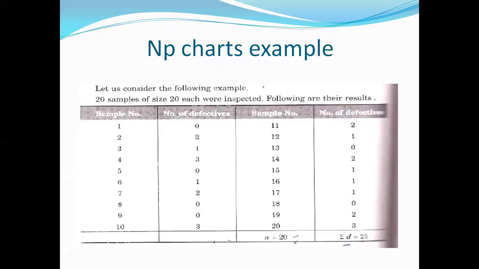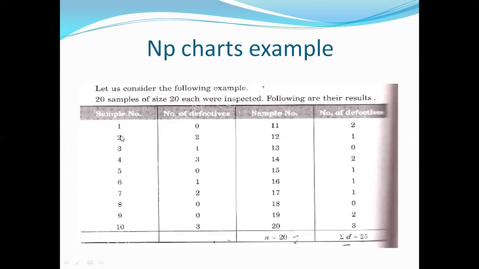We will understand this chart with the help of an example. Let us consider the following example. Here 20 samples of size 20 each were inspected. Following are their results. Take sample number 1, in which a sample size of 20 is inspected, and out of 20 pieces, 0 defects were found.